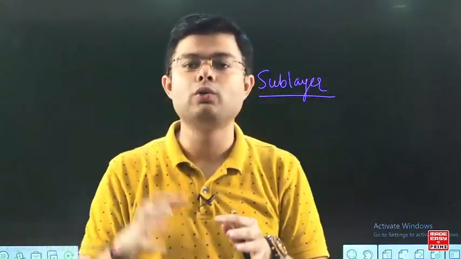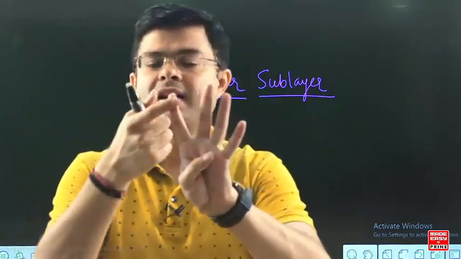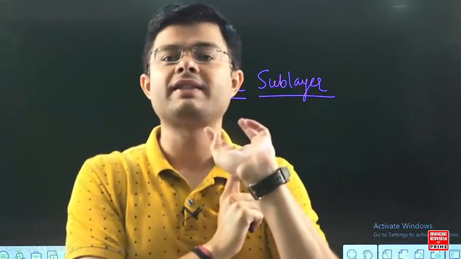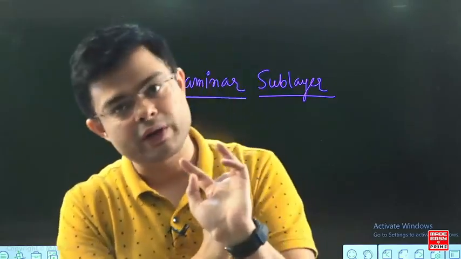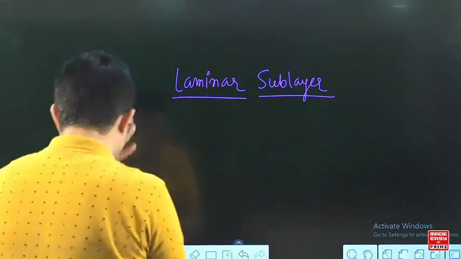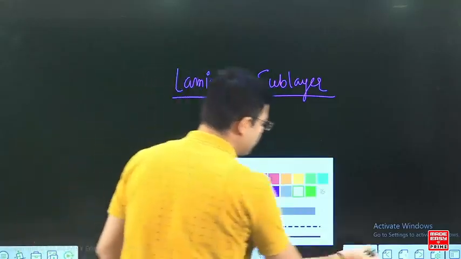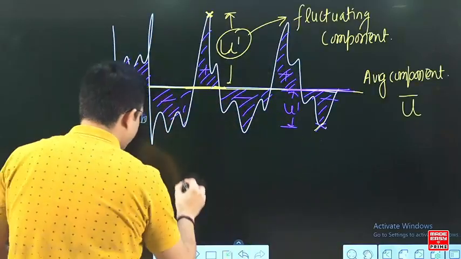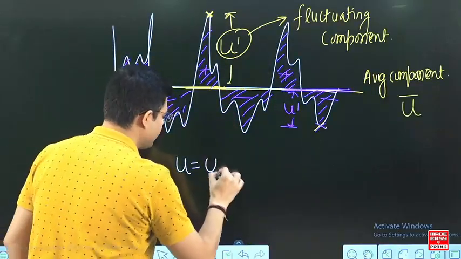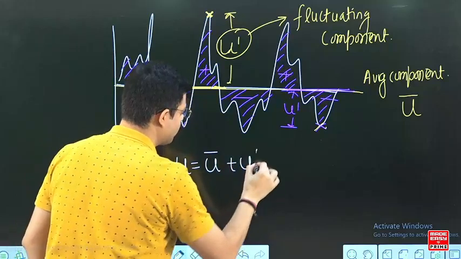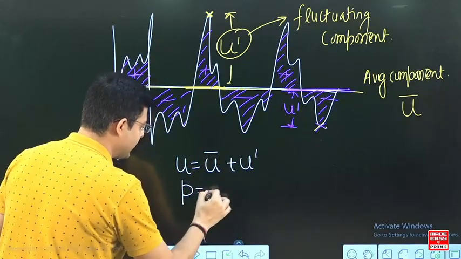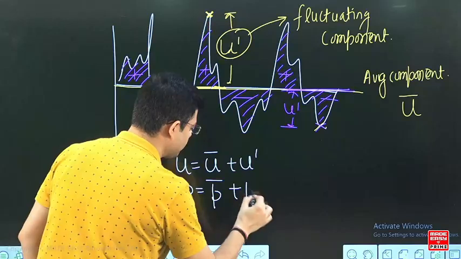Beta, whatever I have taught you is already written on your page number 207. Few things to notice: there is huge order intermixing. Due to huge order intermixing, all the properties are going to change, not only velocity, all the properties. For example, velocity will be written as u bar plus u dash, pressure will be p bar plus p dash.